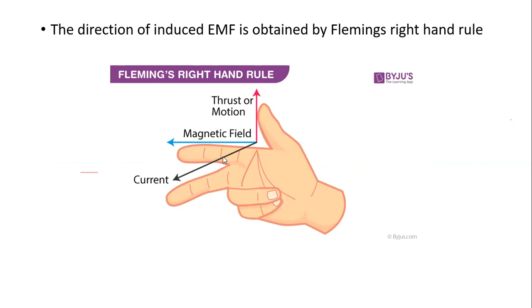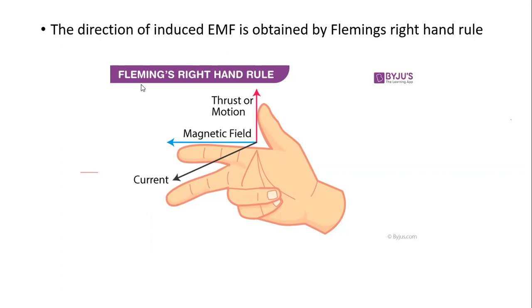The thumb represents the direction of motion, the forefinger represents the direction of the magnetic field, and the middle finger represents the direction of the current.